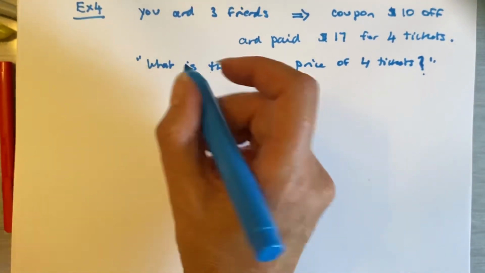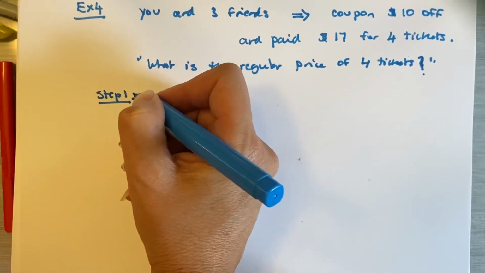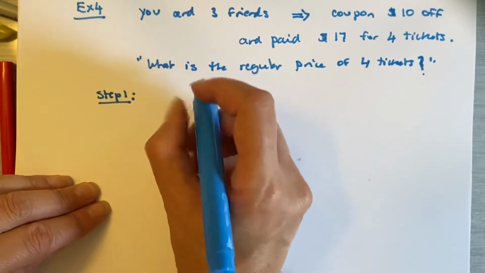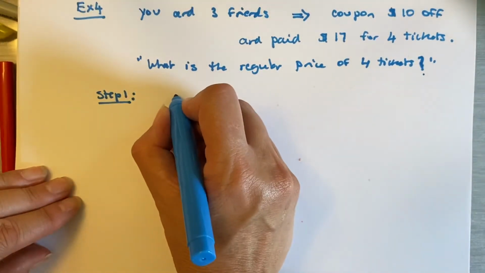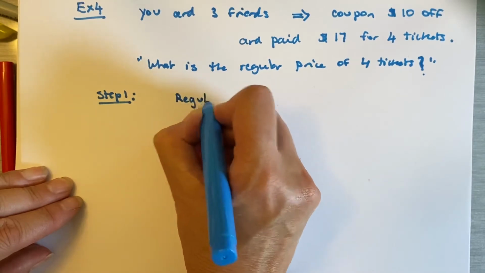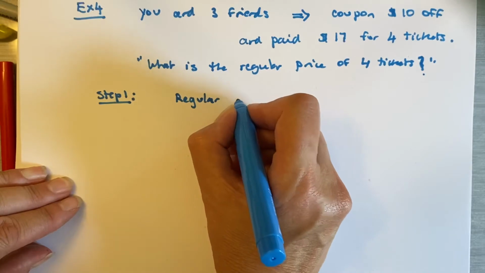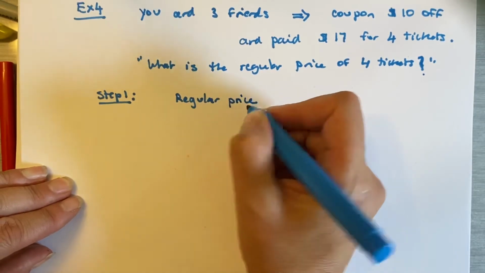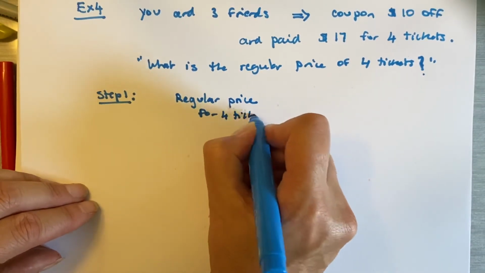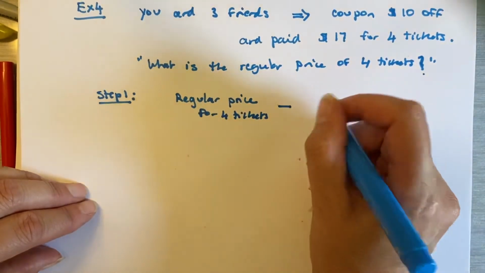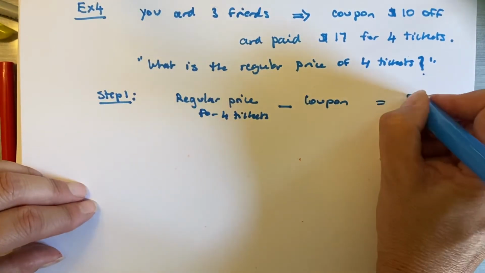So you need to set this up as a verbal model. In other words, you need to be thinking in your head: regular price that I would pay for 4 tickets, minus my coupon, equaled $17.